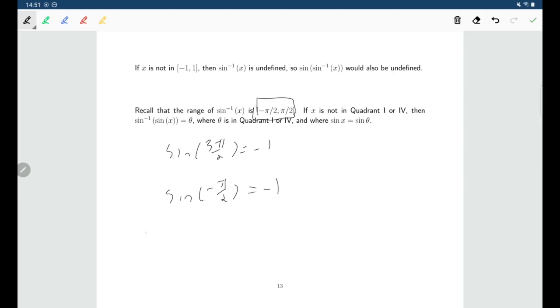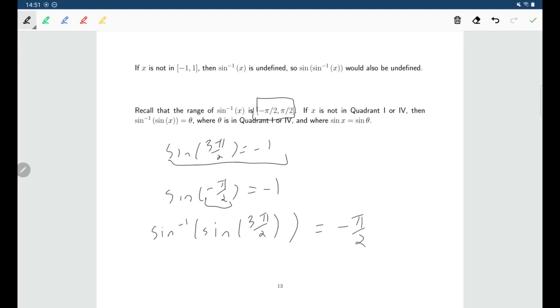So if you were to look at composing sine inverse with sine of 3 pi over 2, since sine inverse can't give you 3 pi over 2 as an output, it will give you as an output an angle that gives you the same value that sine of 3 pi over 2 would have, which happens to be negative pi over 2.